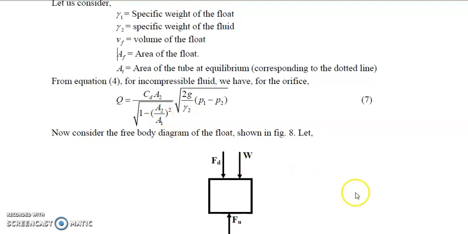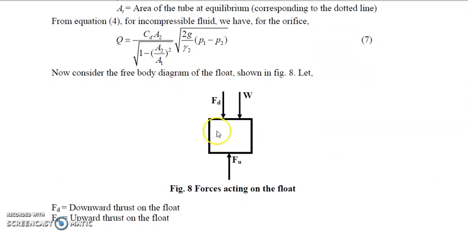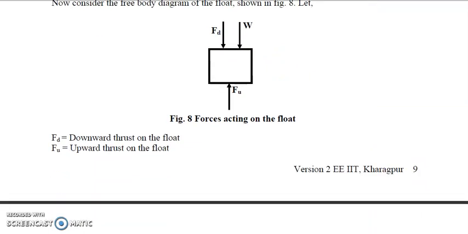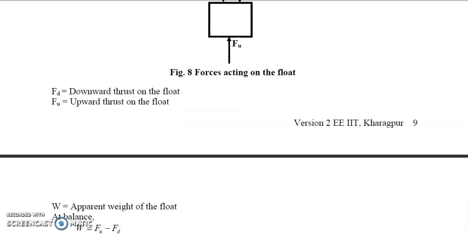Okay. Now, how is the float considered? Actually, there are three forces acting on the float. Fd is the downward thrust on the float, and Fu is the upward thrust on the float. And W is the weight of the float, which is also acting downwards due to gravity. So these two forces acting downwards and Fu acting upwards balance the float to rest in a particular position for a particular flow value.